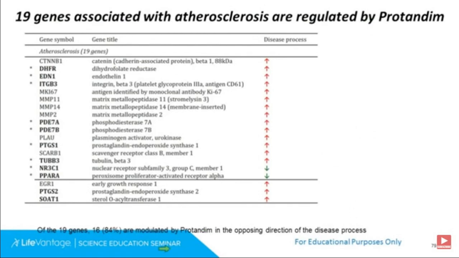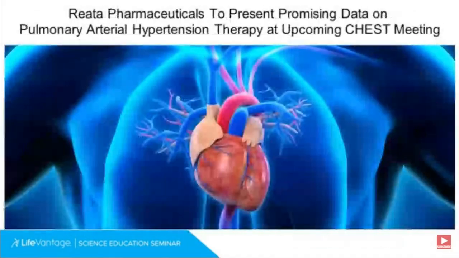And what they found is, of the 19 genes, 16 of them, or 84%, were modulated by Protandim in the opposing direction. Again, if the disease caused the gene to get turned on, then taking Protandim caused it to get turned off. And again, I'll emphasize that Protandim is not designed to be a treatment for any specific disease or prevention of any specific disease, because it is a natural supplement. We're not allowed to make such claims.